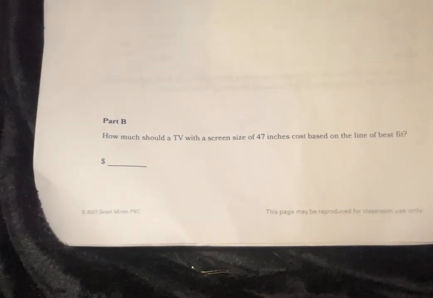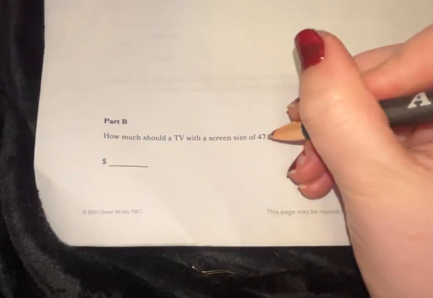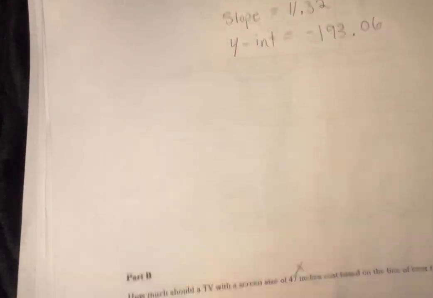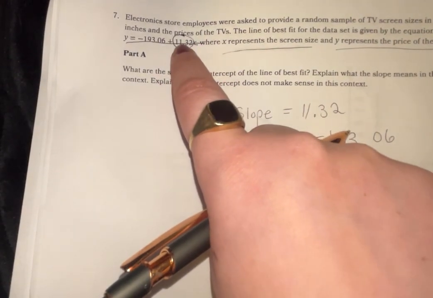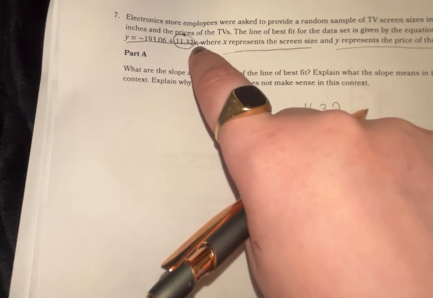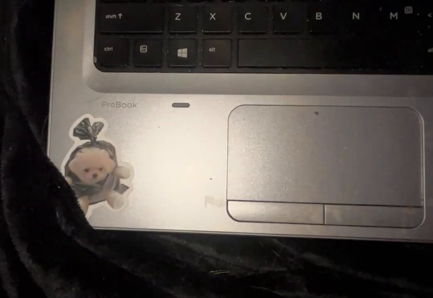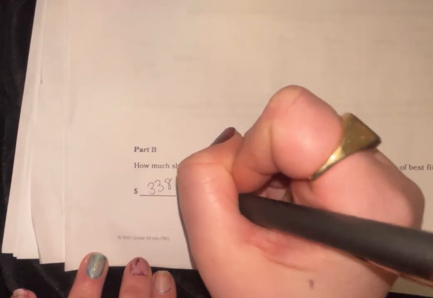And then for part B, we want how much a TV would cost with a screen size of 47 inches. All you're going to do is plug that X into our line of best fit. So where X is, we multiply 11.32 by 47, subtract 193.06, and when you do that, you are left with $338.98.